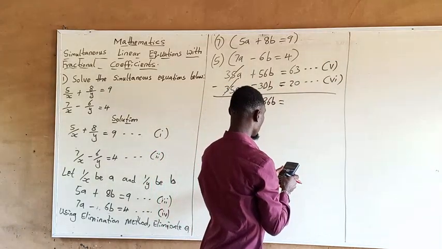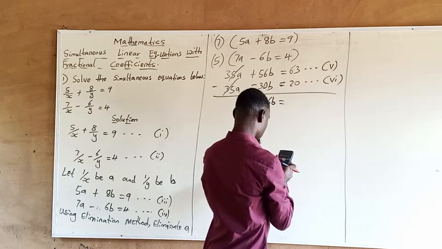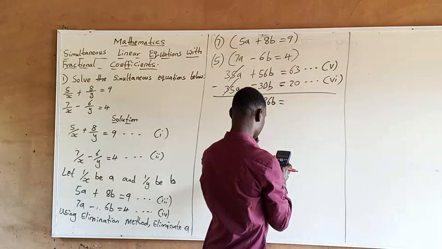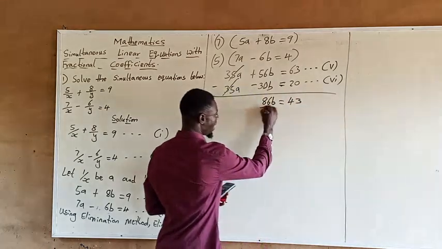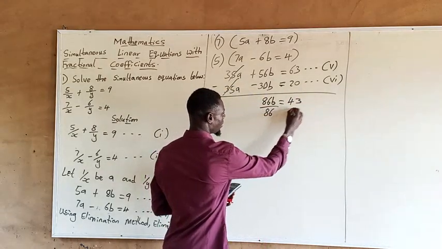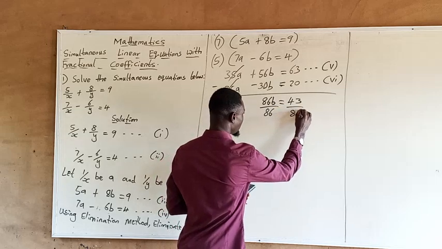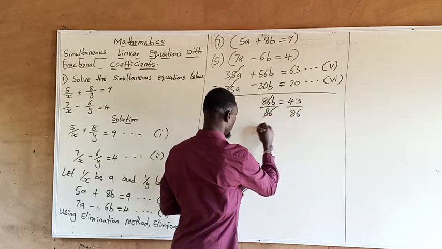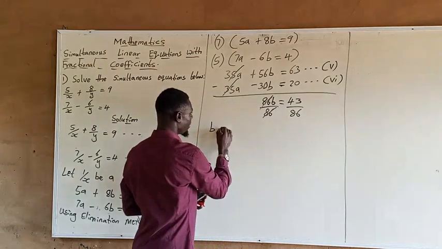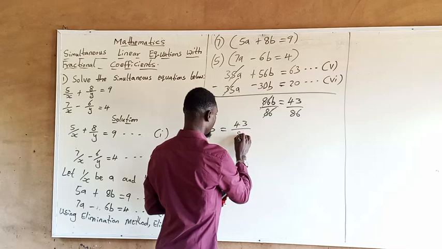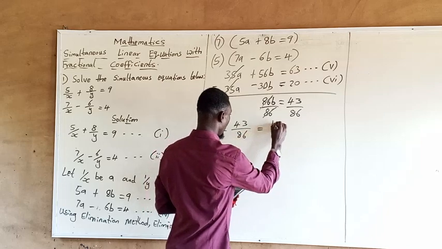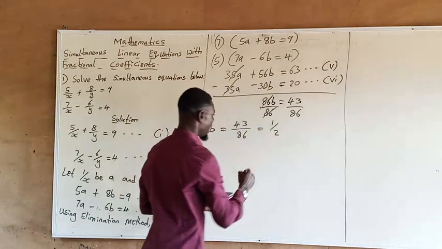So we are supposed to have 63 minus 20. Okay, it still remains 43. So we divide both sides by 86. This will cancel this. Therefore, B is equals to this divided by 86, which should give us 1 over 2 as our B.